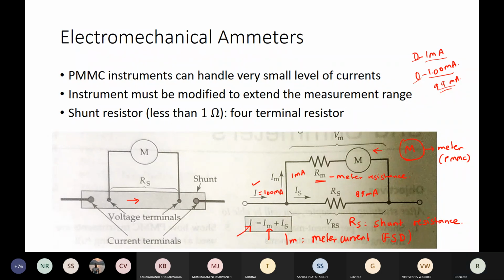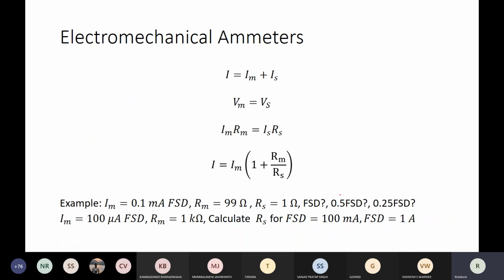Here you can see that this meter and the shunt resistance are connected in parallel. So when IM is flowing through a meter with resistance RM, IS is flowing through a resistor with resistance RS.